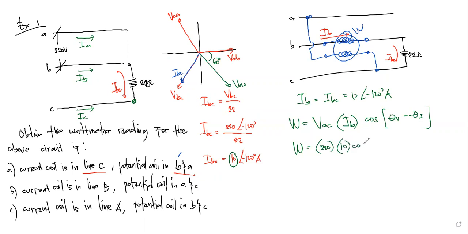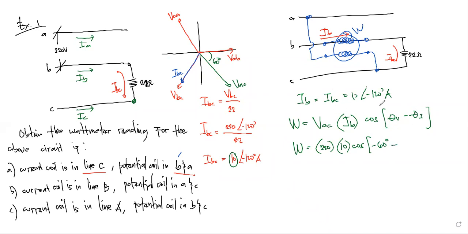Then cosine of theta V. So that's VAC, that's negative 60. Okay, so that's negative 60 minus theta I.